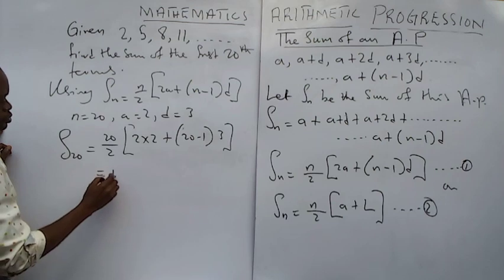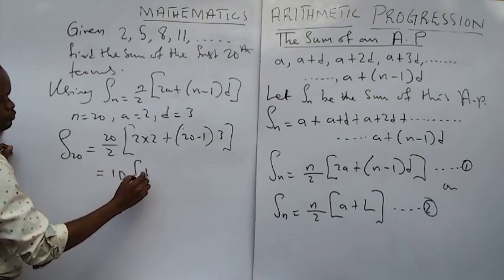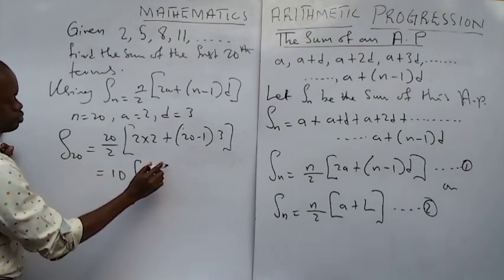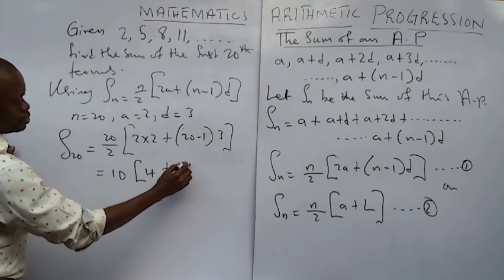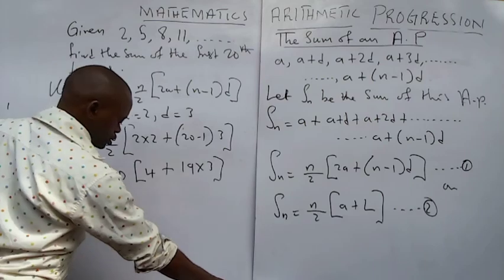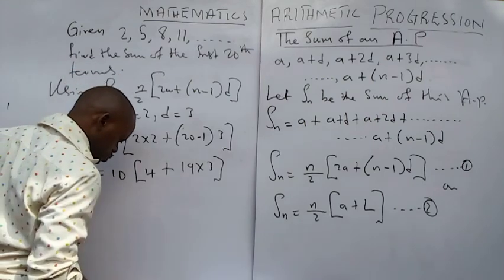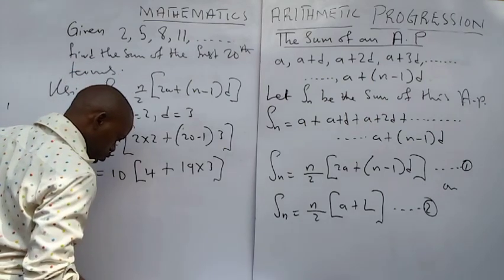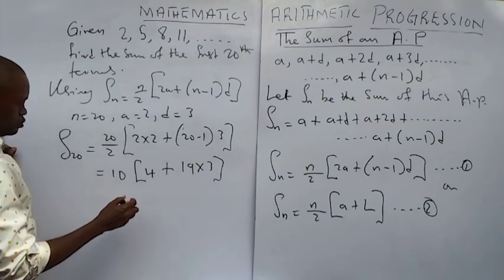So here we have 10 into 4 plus 19 times 3. And 19 times 3 is 57.